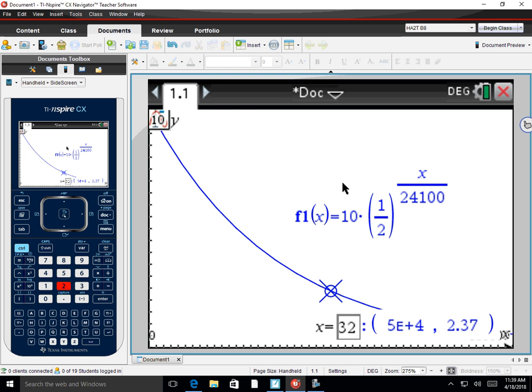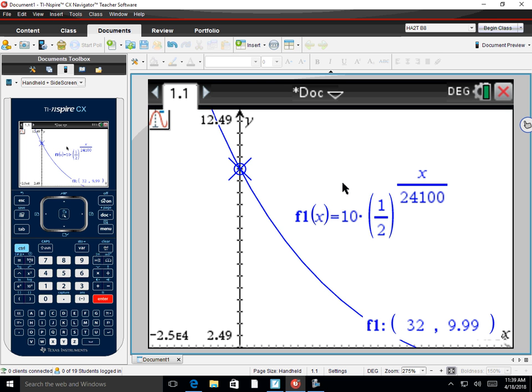So I'm going to type in 32. And so how many pounds are left over? 9.99. So 32 years later, practically the same as it was when the accident happened, right? Because there's still 9.99 pounds out of the original 10 pounds. That's like nothing, right? Practically it's all still there in the atmosphere.